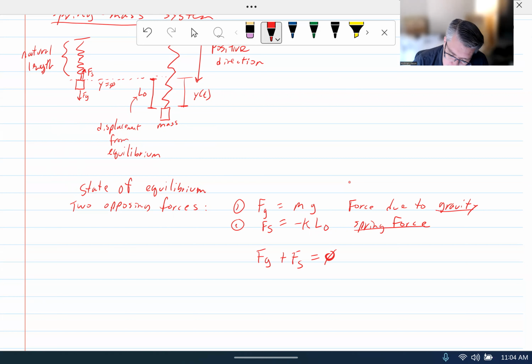And so if I plug in mg plus negative kL0, that equals 0, and I toss this to the other side, I get mg is equal to kL0, where k is the spring constant.